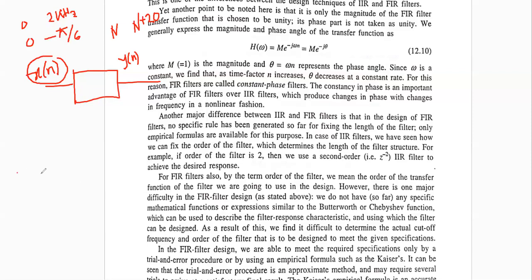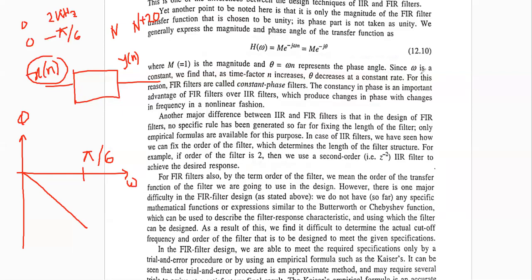So if I just draw it here, the phase, let's say this is the phase. If the phase delay is like this, with respect to, this is pi by 6, the frequency. So in this direction we have omega. So if the phase delay, you'll see that the phase delay is linearly decaying.